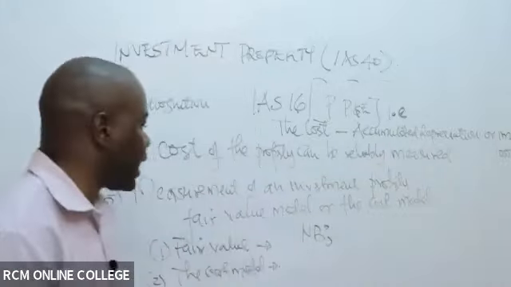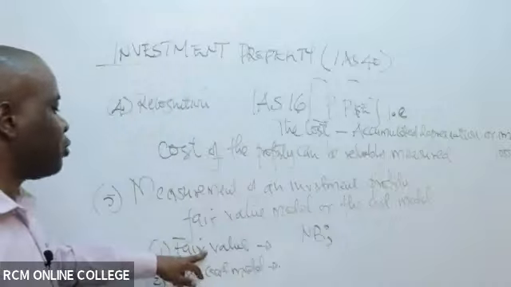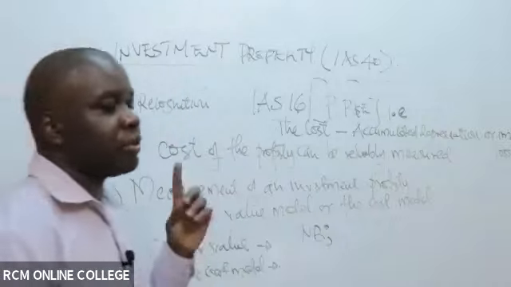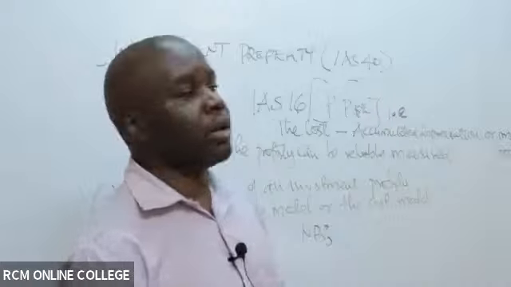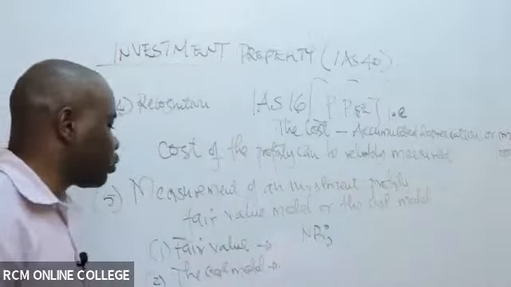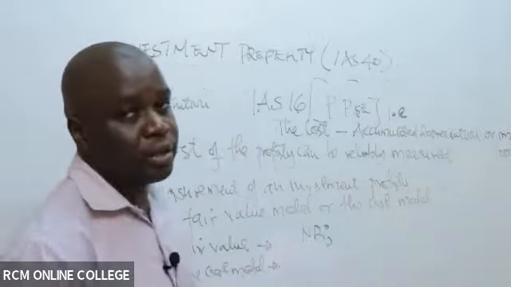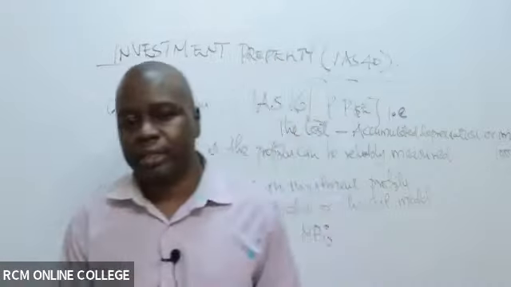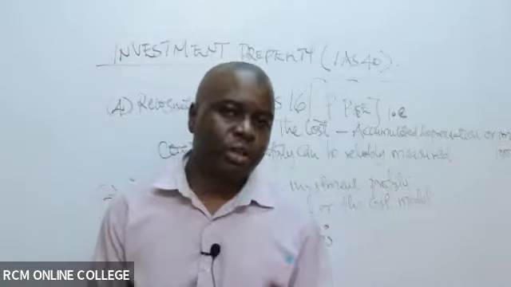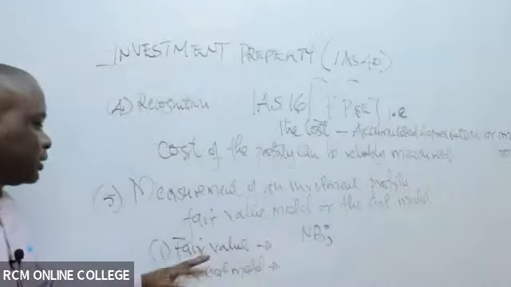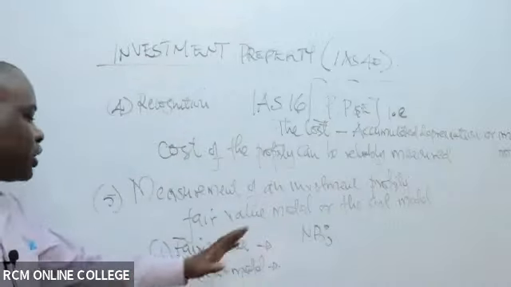So you'll be able to decide. If you're using fair value, you adapt it for all your investment properties. If you're using the cost model, you adapt the cost model. So you'll choose one. You don't use both of them because they are different methods, the fair value model or the cost model.